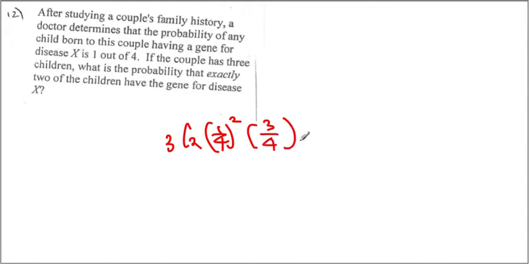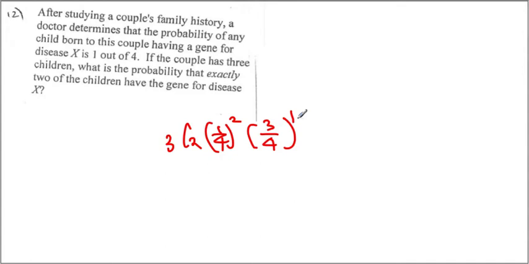Right, after studying a couple's family history, the probability of a child having disease X is 1 out of 4. They have 3 children, and exactly 2 will have it. So basically out of 3, we're selecting 2, and the probability of having that disease is 1/4, but it has to happen 2 times. That means the other time it has to not happen 1 time.